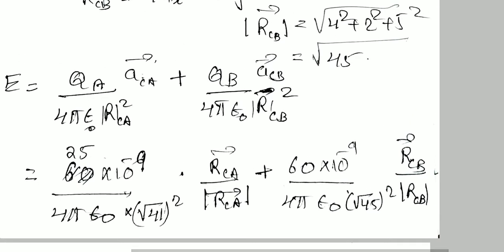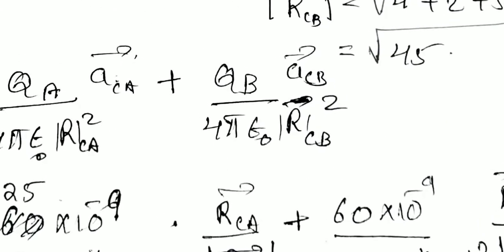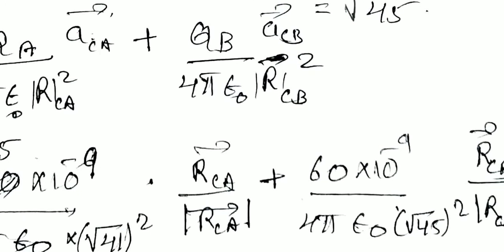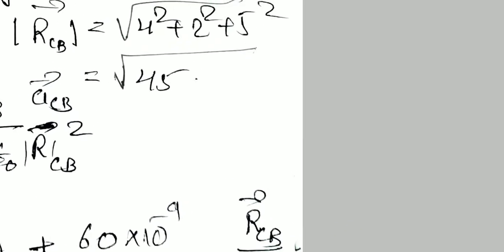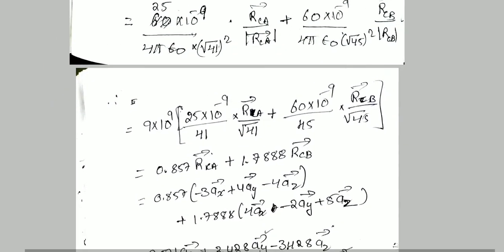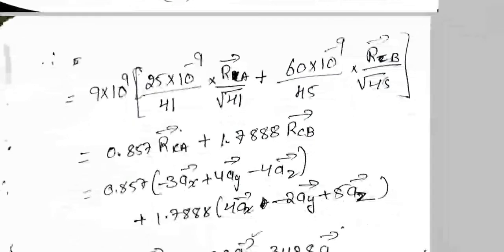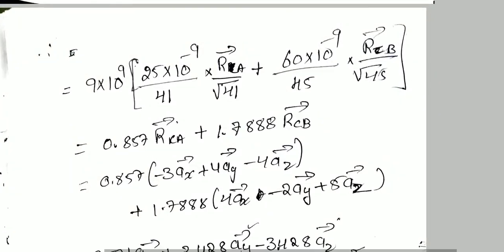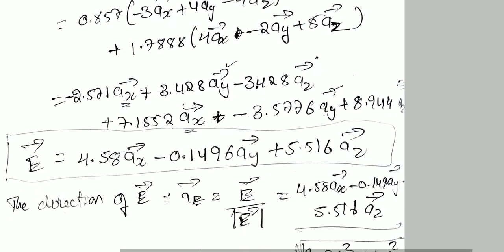The unit vector ACA can be written as the distance vector RCA divided by the magnitude of the distance vector. Similarly, ACB can be written as the distance vector RCB divided by the magnitude of the distance vector. After substituting these values, and then substituting RCA and RCB, we get a value like this.